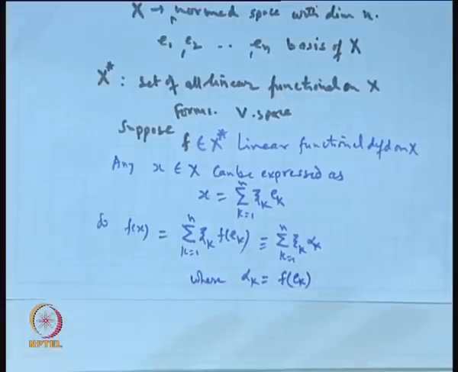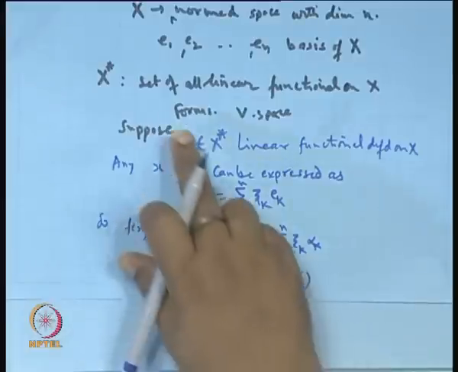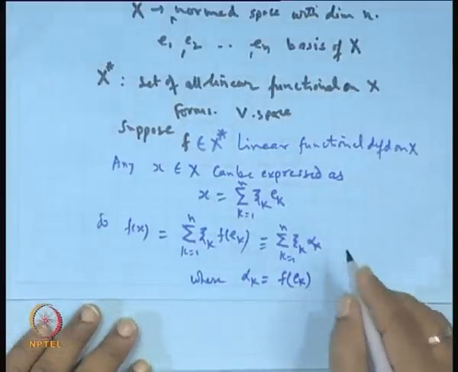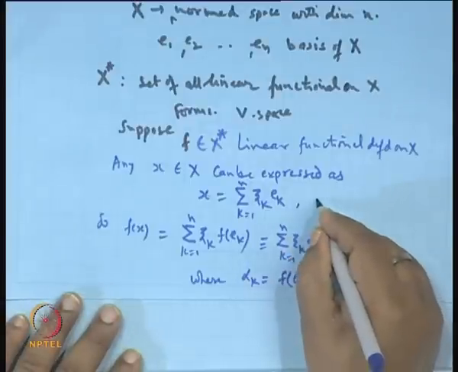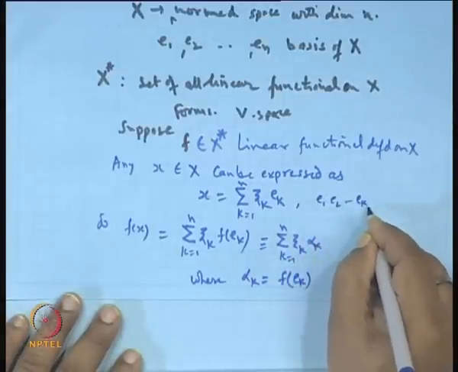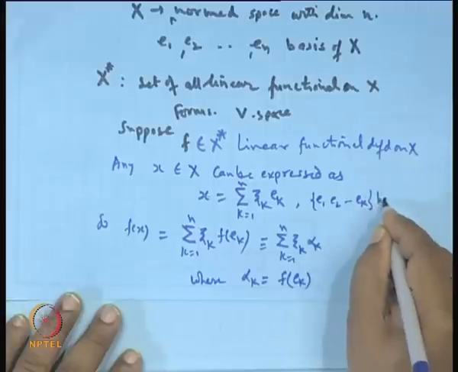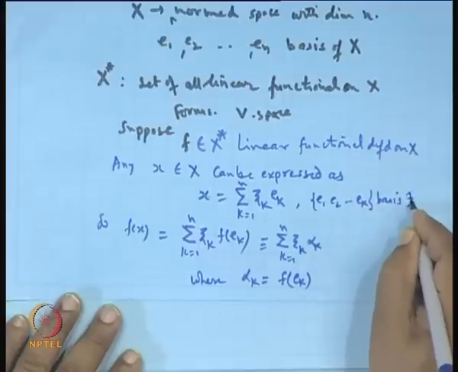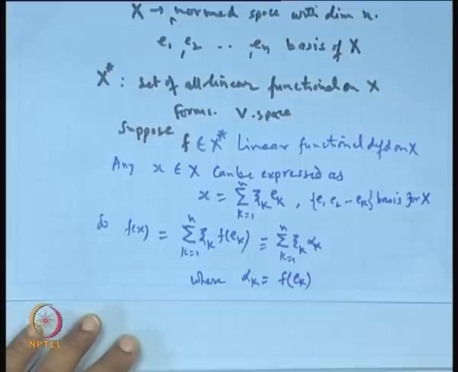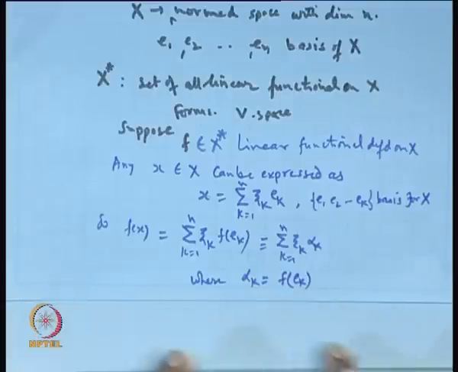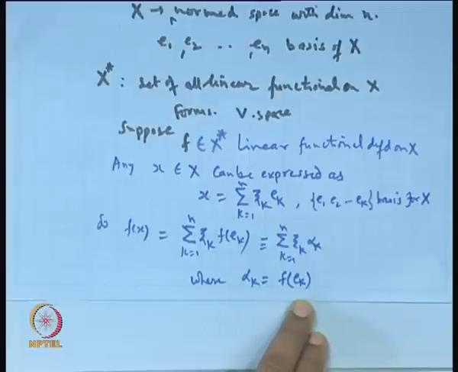Okay. This much we can say. E k are the basis elements, the basis for X. So, alpha k is the value of the function at the point E k.